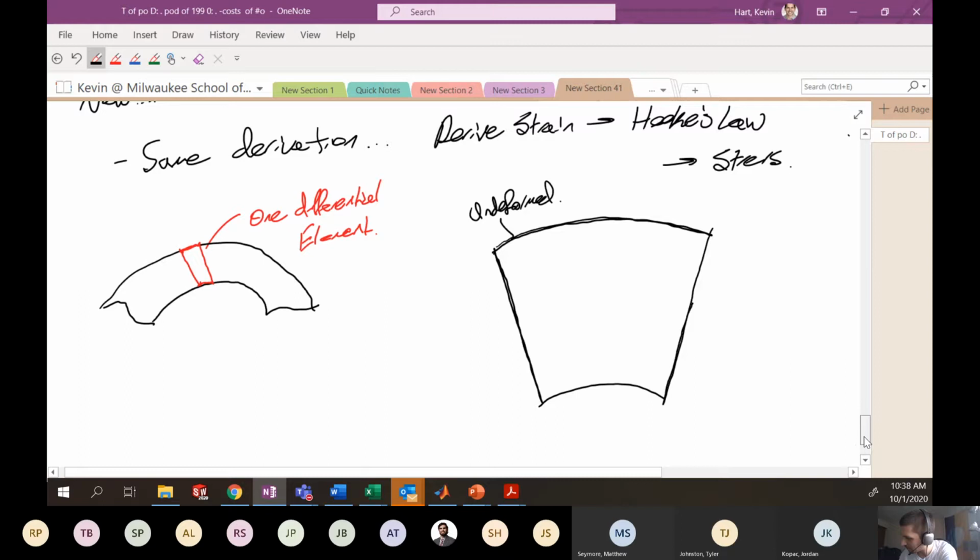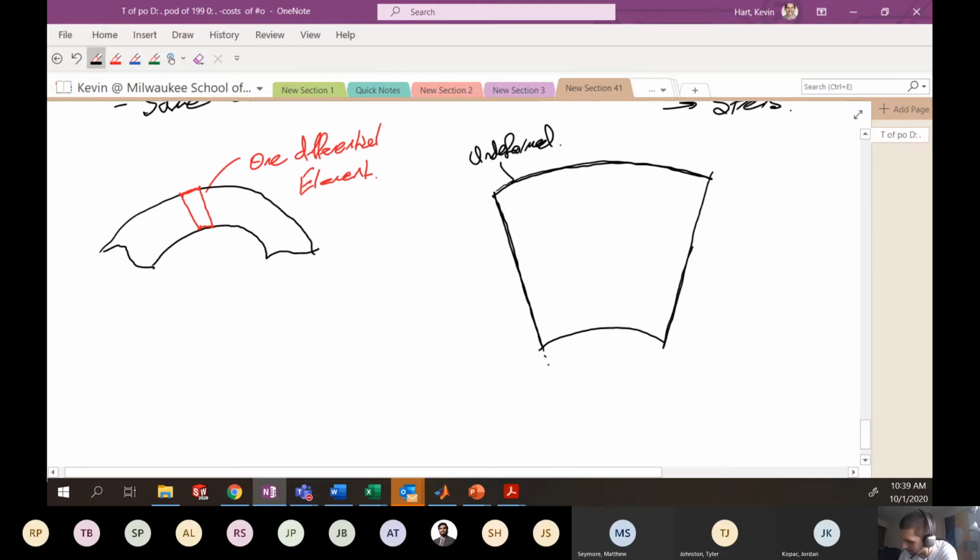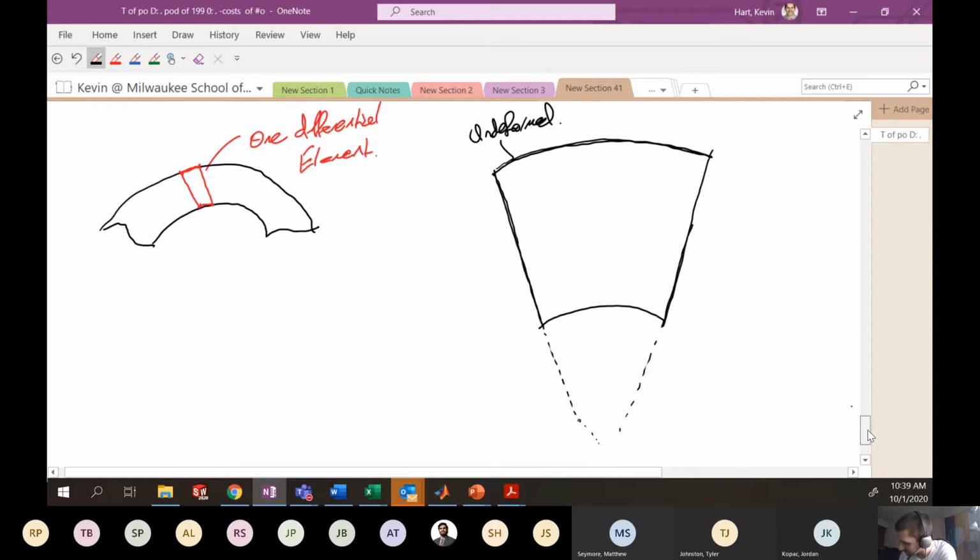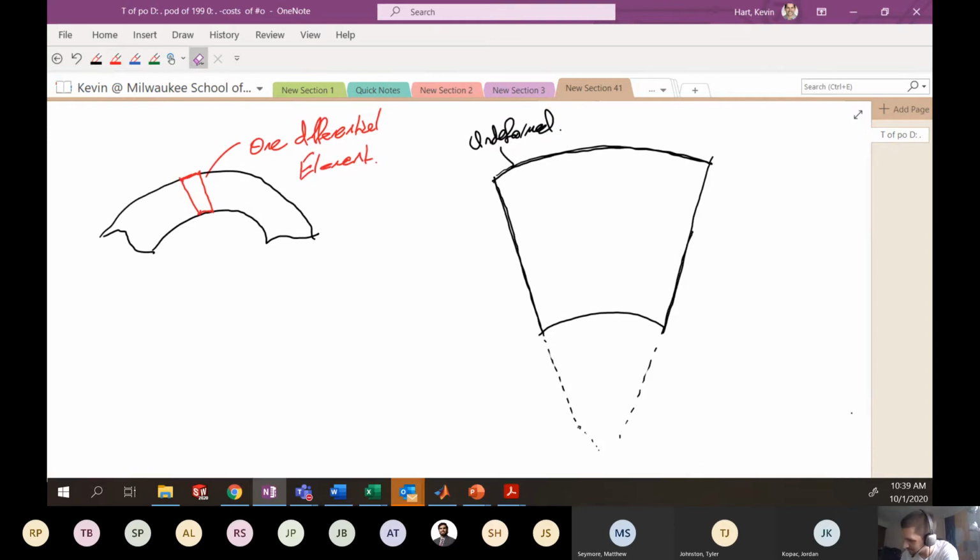This undeformed condition already points back to some center of curvature down here, at O prime. It's already got that curvature associated with it.